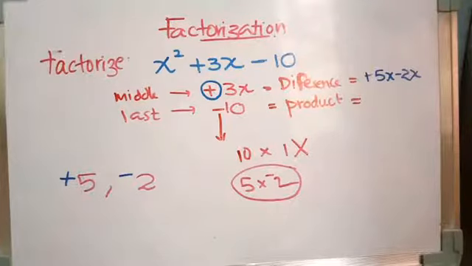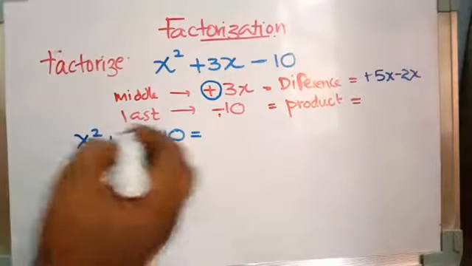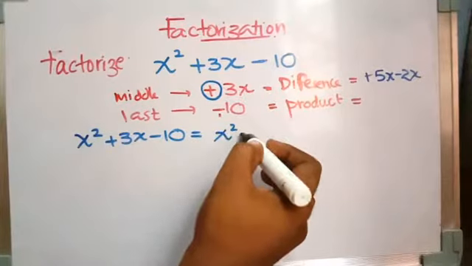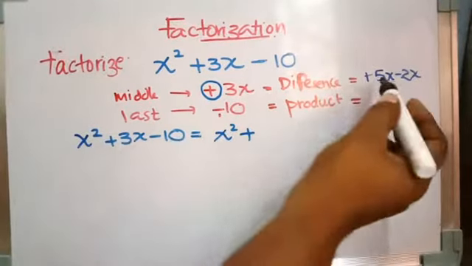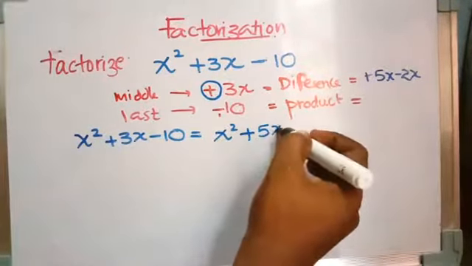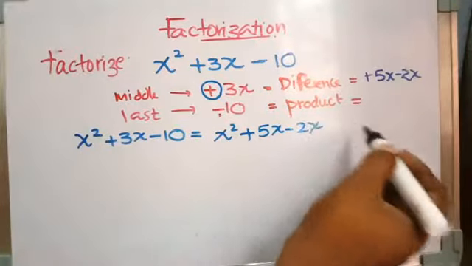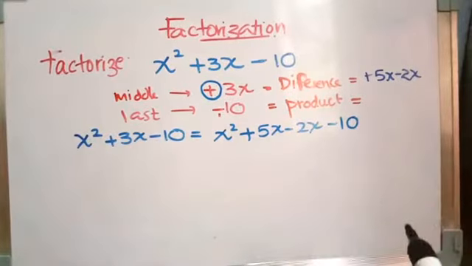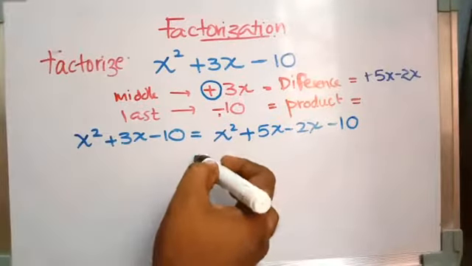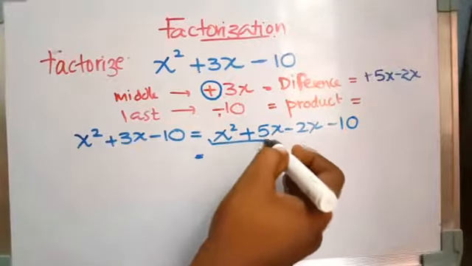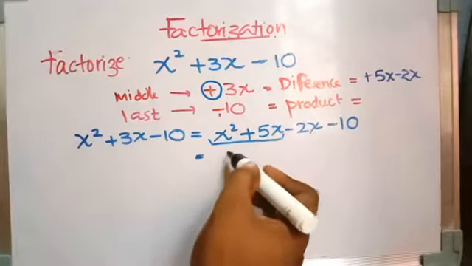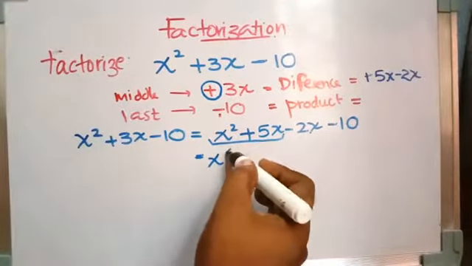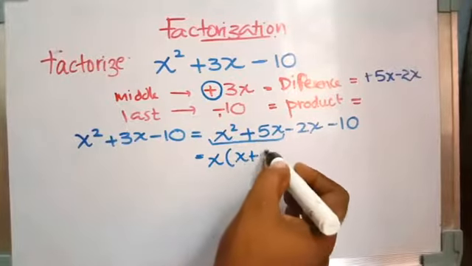Okay, now let us do the splitting method. So x squared plus 3x can be written as 5x minus 2x minus 10, which is equal to, now the same usual type of grouping. x is common, so we get x plus 5.